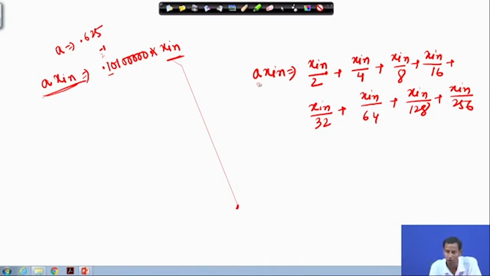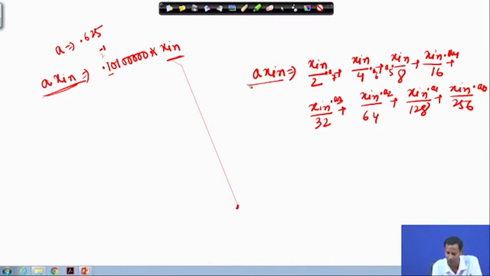Not only that, along with that, what do I have to write? What is the corresponding bit position for this A? This is A7, this is A6, this is A5. So, this will be an ANDing operation. Then again, x in will be ANDed with A4, this with A3, this with A2, this with A1 and this with A0.